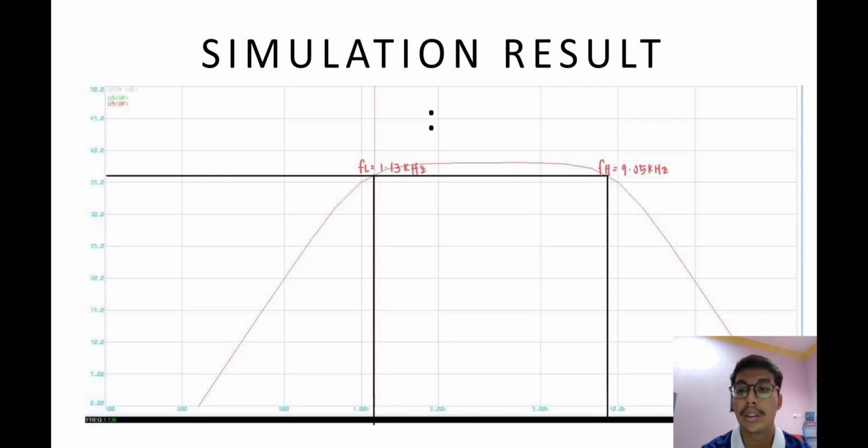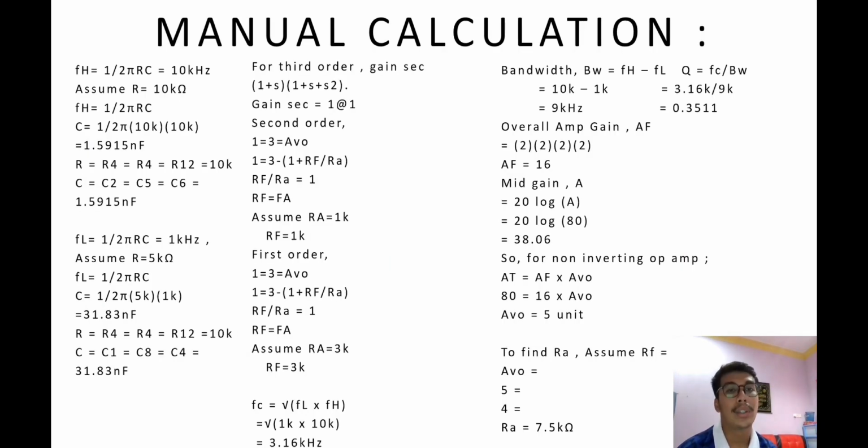For the manual calculation, to find the high cut-off frequency, we use the formula 1 over 2 pi RC equal to 10 kilohertz, which is the spec given. For R, we assume 10 kilo ohm. So we substitute the values to get the capacitor value, which is 1 over 2 pi times 10k times 10k.